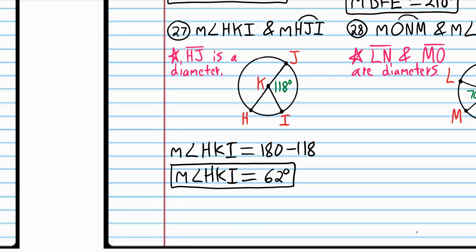And the measure of arc HJI, that's this arc from here all the way to here. So there's a lot of different ways we can do that. We could just take 360 and subtract 118, and we know this is 180 because it's a semicircle.